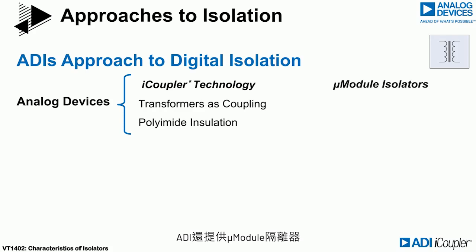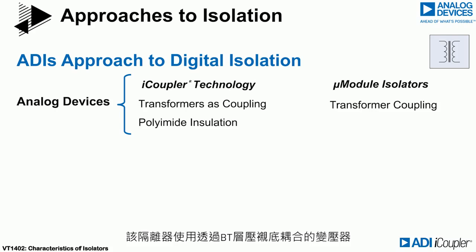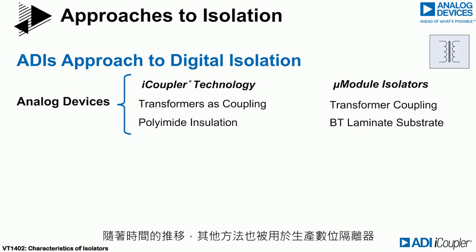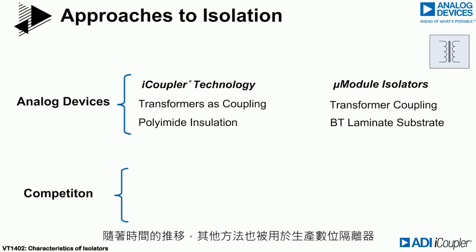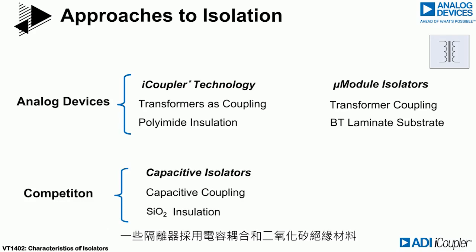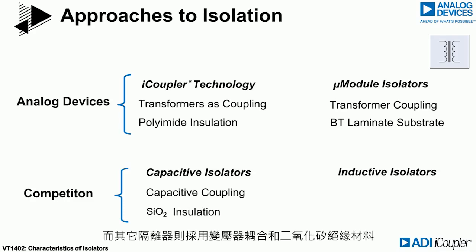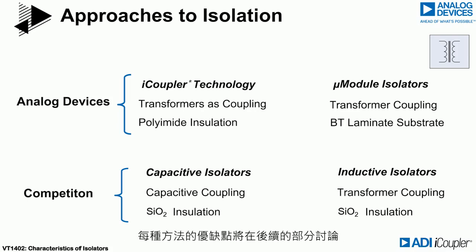Analog Devices also offers micromodule isolators that use transformer coupling through a BT laminate substrate. Over time, other approaches have been used to produce digital isolators. Some isolators use capacitive coupling with silicon dioxide, while others use transformer coupling with silicon dioxide. The pros and cons of each approach will be discussed in later sections.